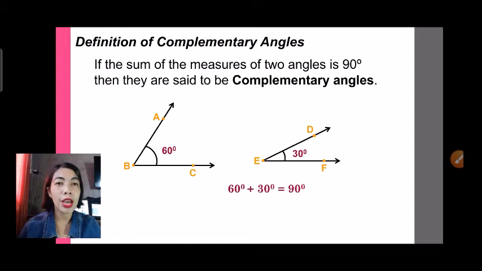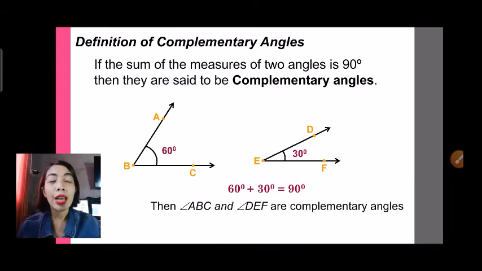And we can say that angle DEF complements angle ABC. So, the measure of angle ABC is 60 degrees plus the measure of angle DEF, which is 30 degrees. The sum is 90 degrees. Therefore, angle ABC and angle DEF are complementary angles and they complement each other.